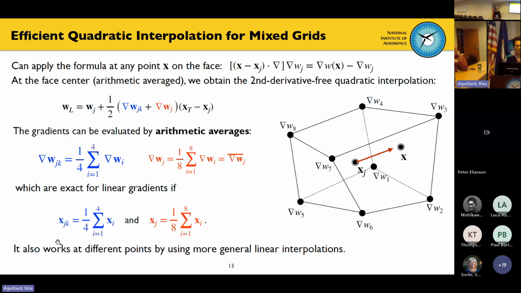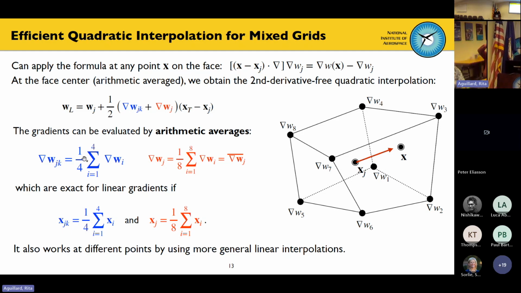So arithmetic average works as long as it works. But if it doesn't, for some reason, I can move it. In that case, I have to compute the interpolation coefficients for that new point. And this arithmetic average was convenient because then the linear interpolation is just 1 over 4.